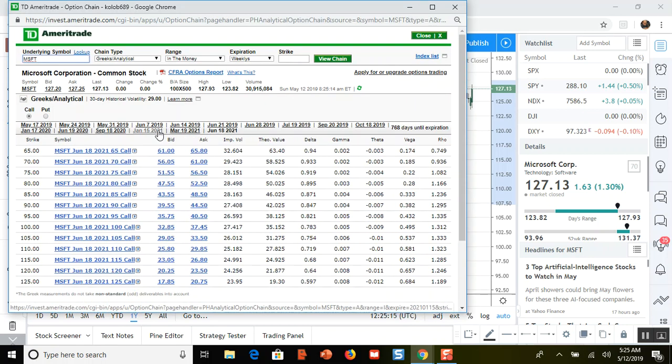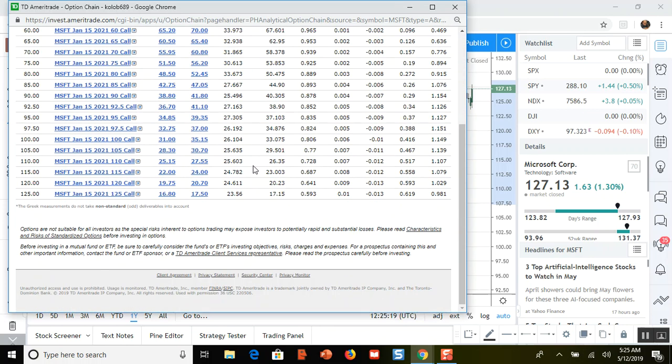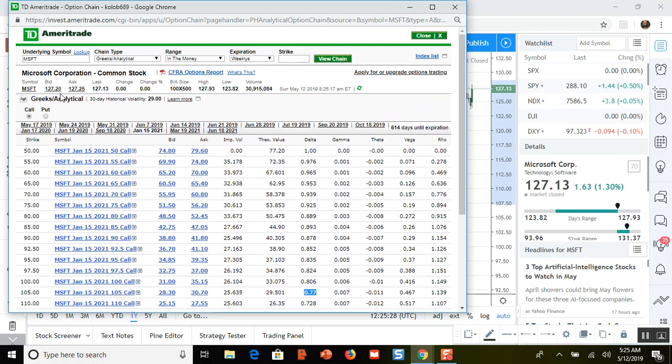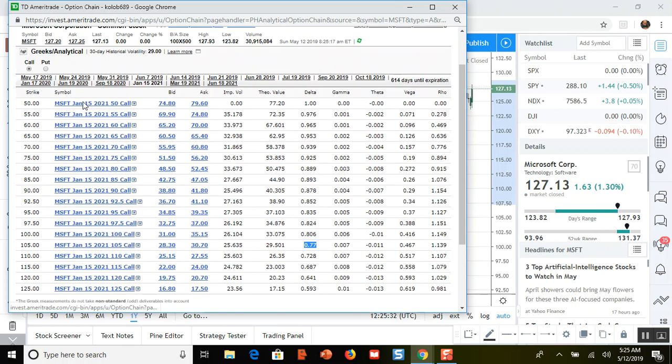Let's go to January like that. And let's look at the delta. So there's a delta. And the delta, even though Microsoft is all the way up to 127.20, that's what, $22 in the money, you're still looking at a 77 delta.